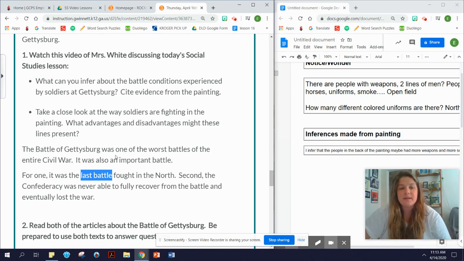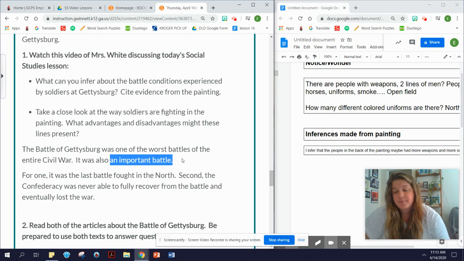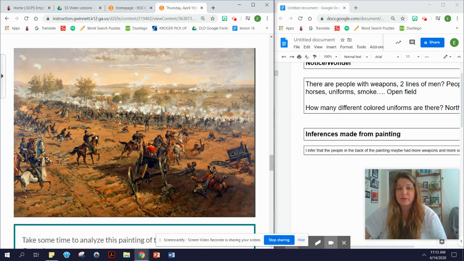The Confederacy, which is the South, the people who were fighting for slavery, were never able to recover, and they ended up losing the war. This battle led to the South eventually losing because they lost so many men and so many weapons. They had a lot of disadvantages during the Battle of Gettysburg.